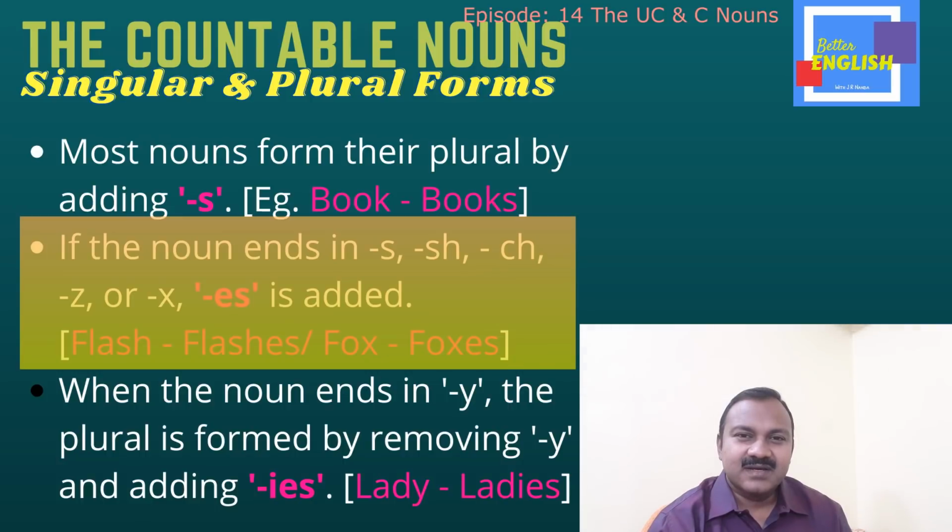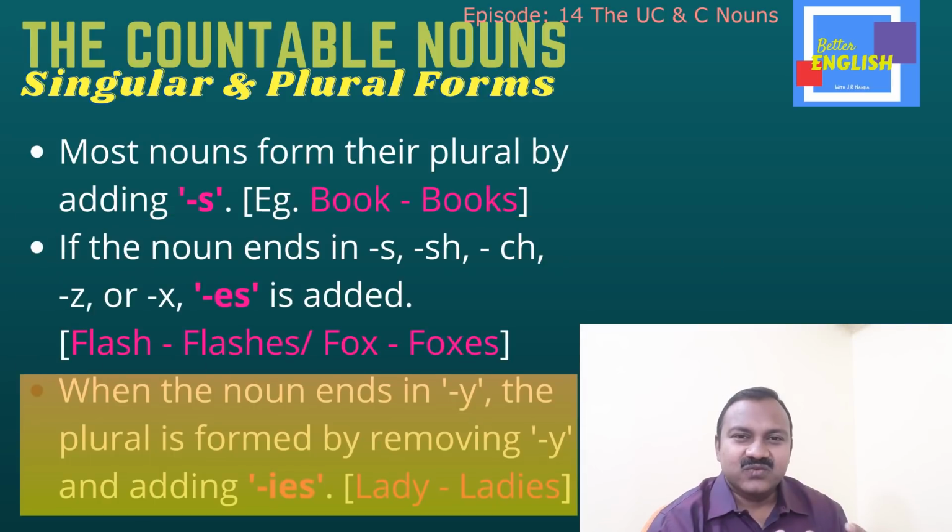And the other one, if the noun ends with a y, then you need to remove y and add ies towards the end of the singular noun, and that noun becomes a plural. For example, lady. Lady ends with y.